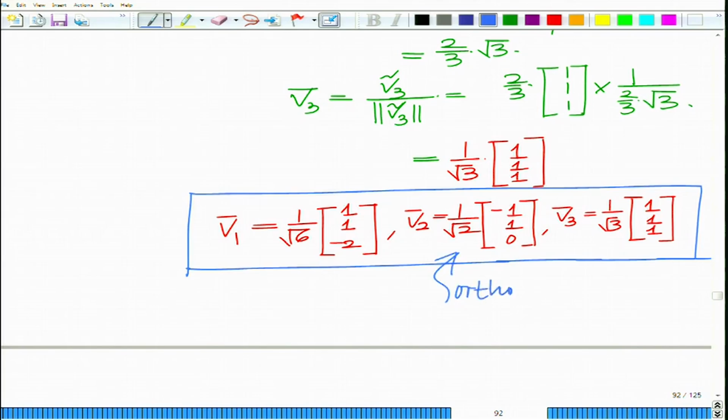This is your orthonormal set of vectors V.